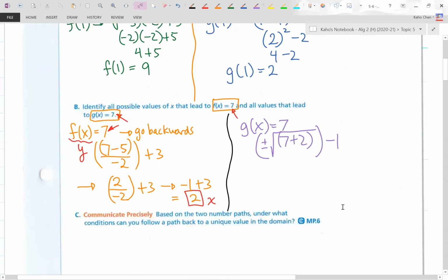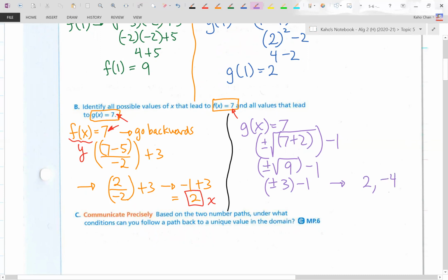Inside the parentheses, 7 plus 2 is 9. Great. Square root of 9 is 3. Nice. Ooh, we have 2 paths here. Positive 3 minus 1 is 2. Negative 3 minus 1 is -4.